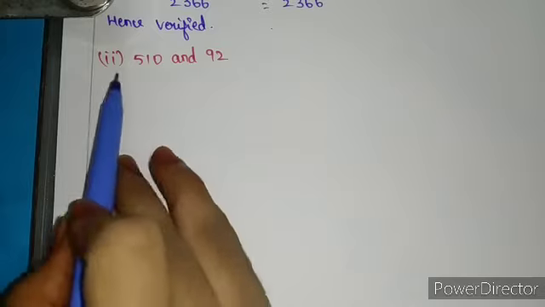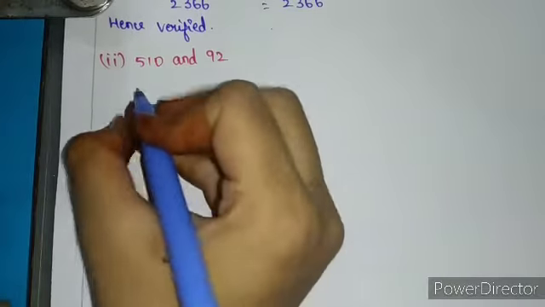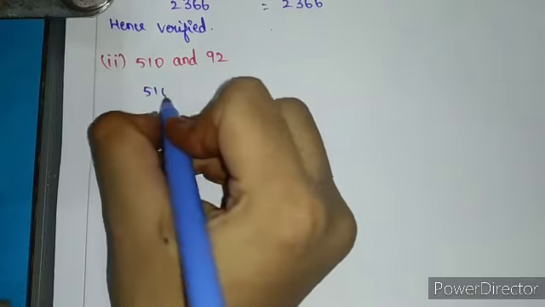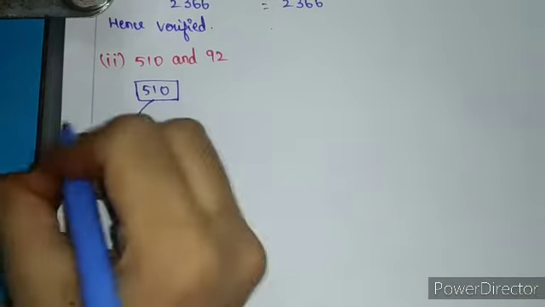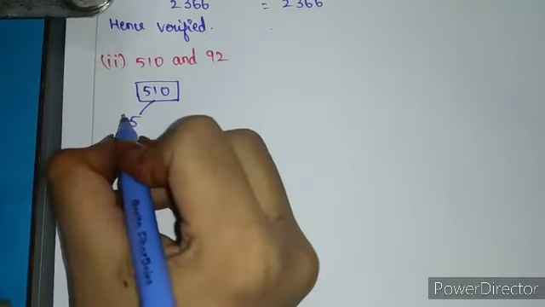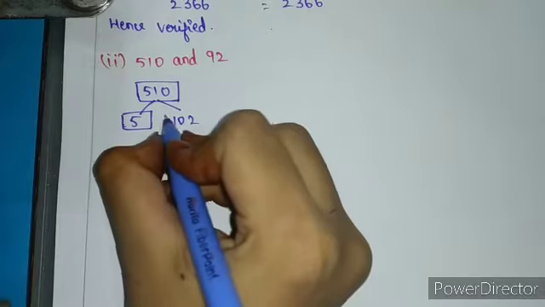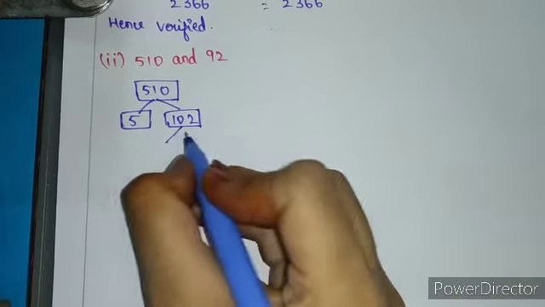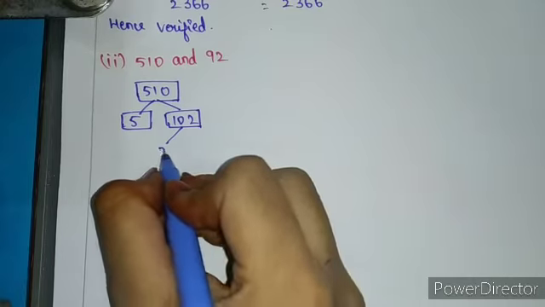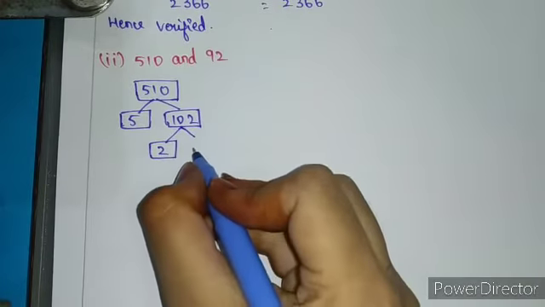The next subdivision is 510 and 92. So let's factorize the numbers. When we take 510, 5 into 102 makes 510. And this 102 can be written as 2 into 51.